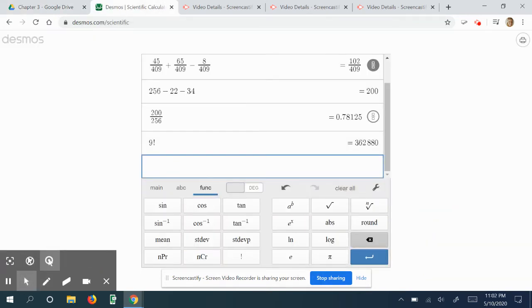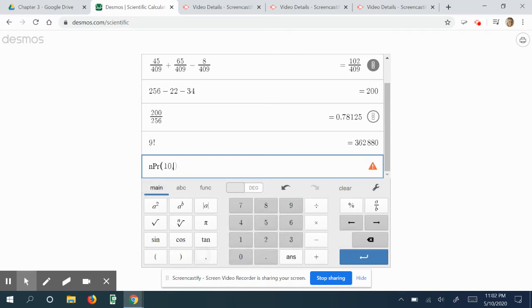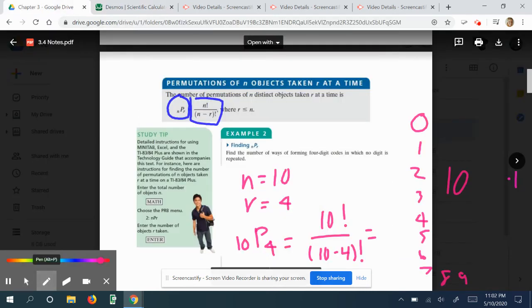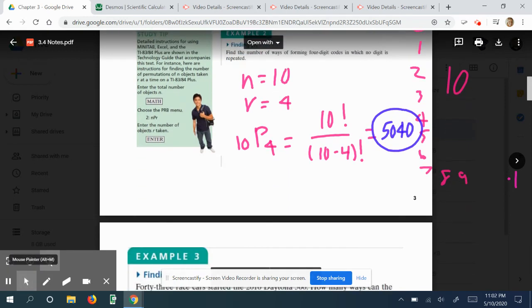So we go to our functions, nPr, and we're looking at 10, 4: 5,040. So if you wanted to make up a 4-digit code, let's say for your phone, and you didn't want a single digit to be repeated, there would be 5,040 different ways to do it, which is a countable number. So it is something that someone could figure out theoretically by trying every single permutation.